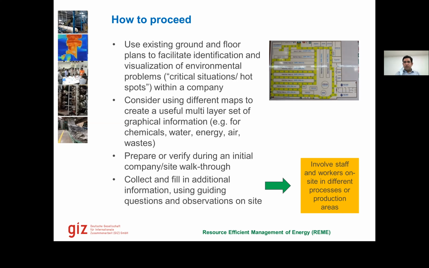Although we remember a lot of things, when we go to the factory floor, that is when we see the real problems, real NPOs, real hotspots as we call them. It is very, very important to involve workers on site. So rather than a manager doing it themselves, it is important that the workers are involved so that they help you identify the problems in the area, the situations on the ground, and then fill it in correctly based on the actual observations on site.